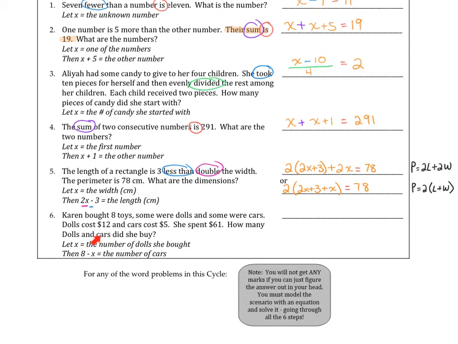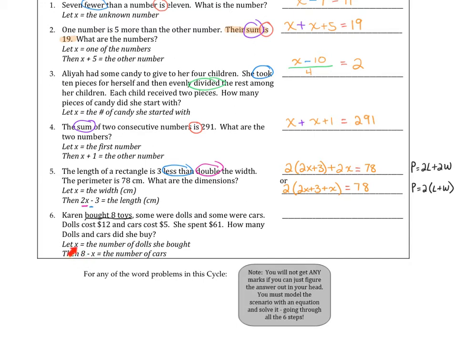Now, the number of dolls does not depend on the number of cars. The number of cars does not depend on the number of dolls. So either one can be the let statement. So if we let X be the number of dolls she bought, you have to use this idea that she bought 8 toys. Because then if she bought 8 toys, to find the number of cars, you just take the number of dolls and subtract it from 8.